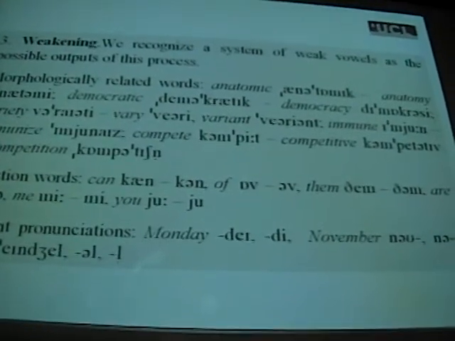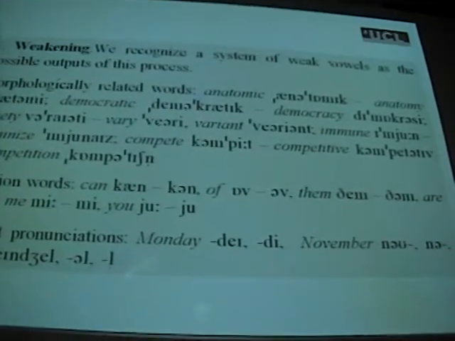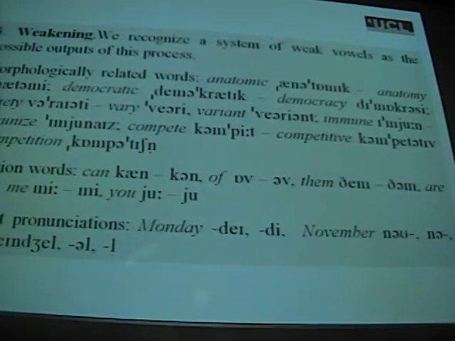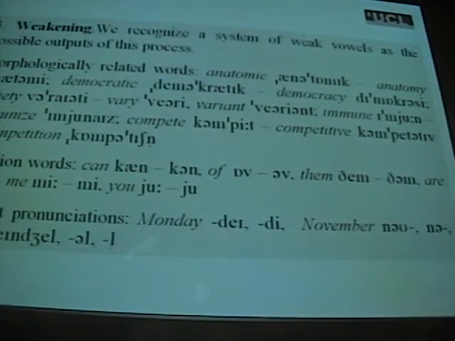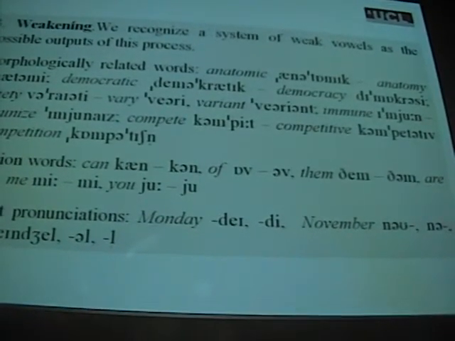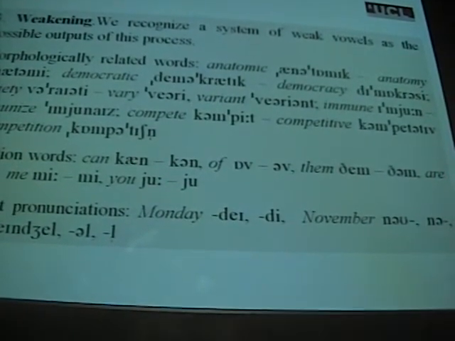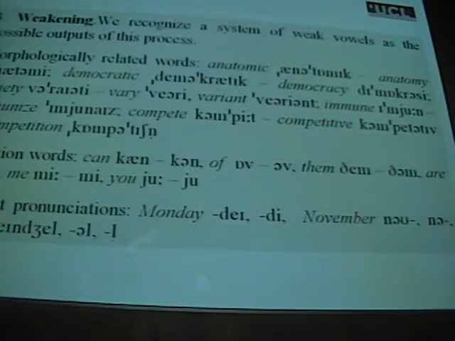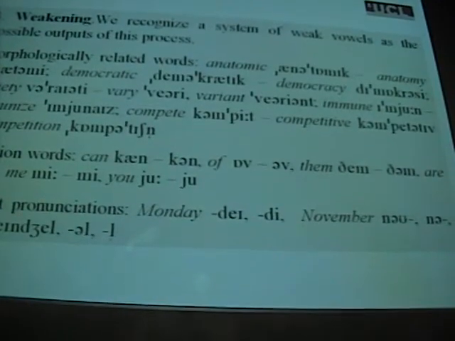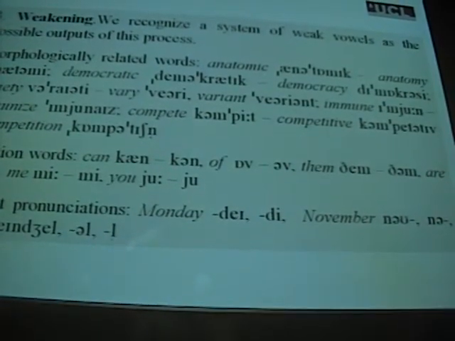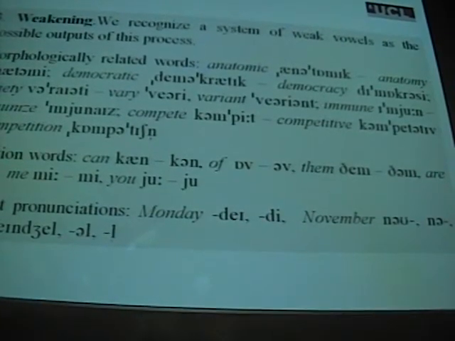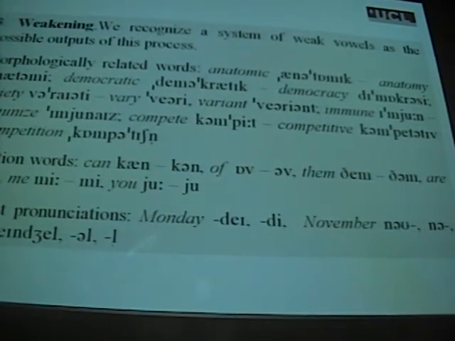Democratic, but democracy. Variety, but to vary. Variant. You can see how the last vowel in vary is the weak form of the I in variety. It's the weak version of that vowel. Immune has a strong oo, but into immunize, we get this weakening to the thank you vowel, immunize.